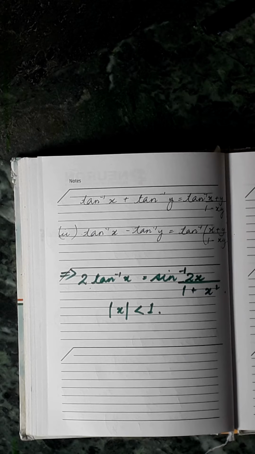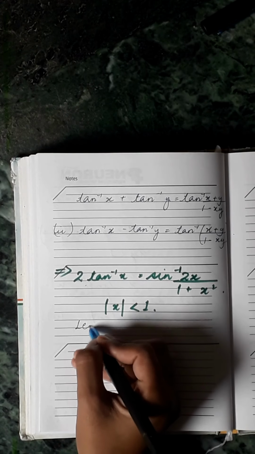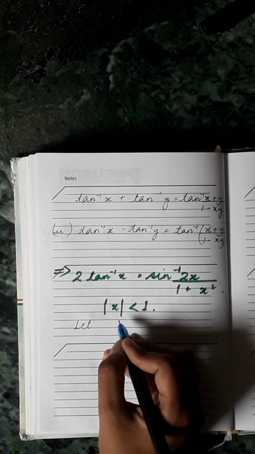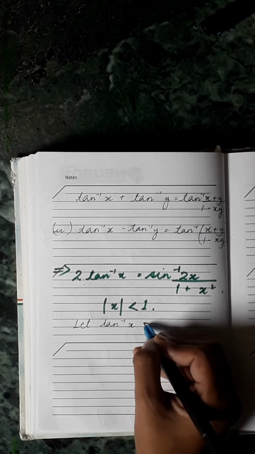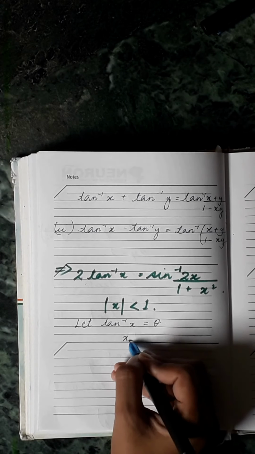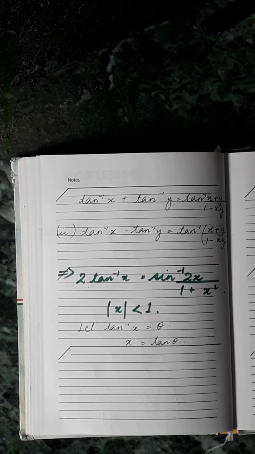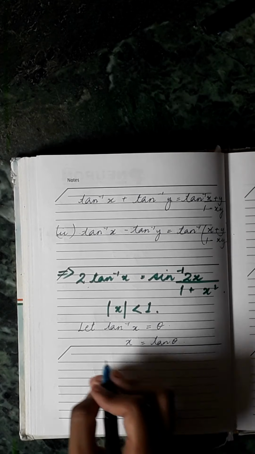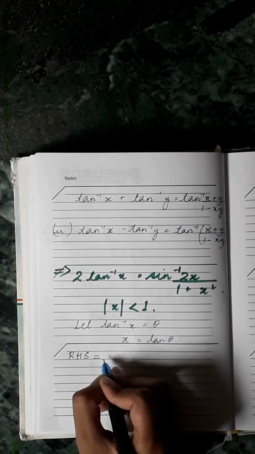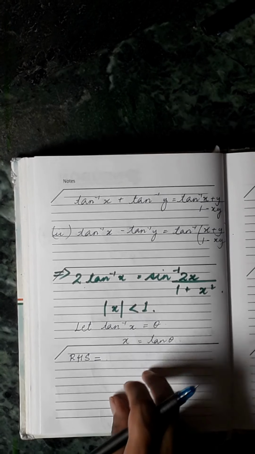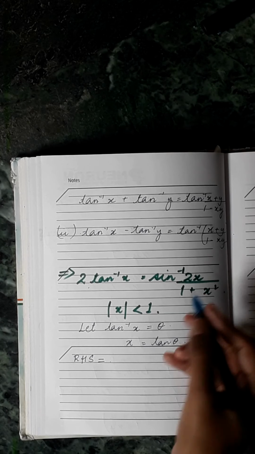So here also what you have to do, you have to let a portion of LHS, tan inverse x, be theta. This is tan theta. Now you have to apply this in the RHS. In place of x, you have to write tan theta in the RHS.